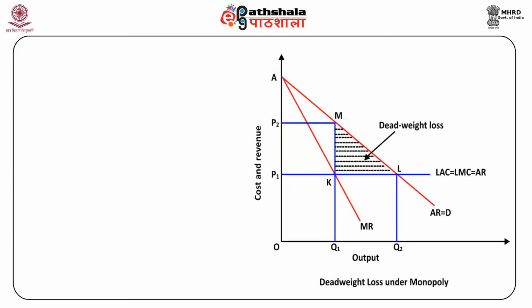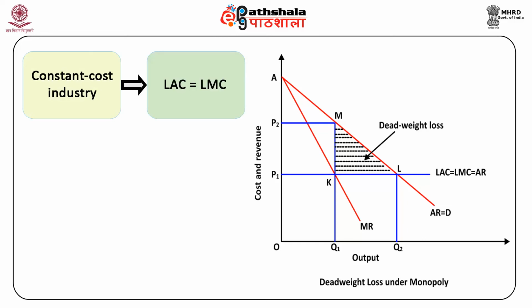Suppose there is a constant cost industry which has LAC equal to LMC. Given AR and MR curves, a perfectly competitive industry will produce OQ2 at which LAC equals LMC equals AR at price OP1.